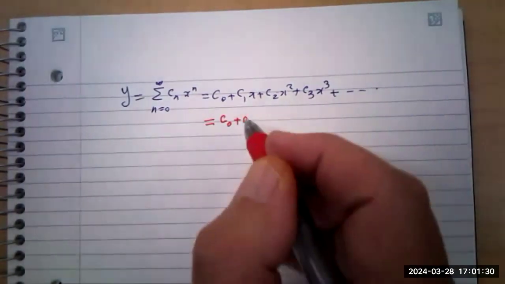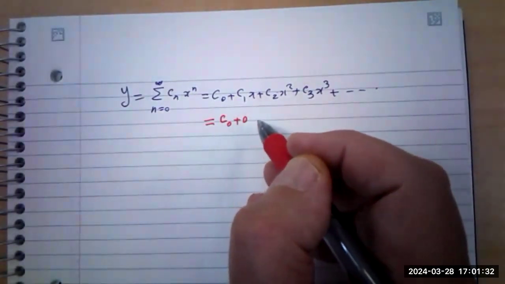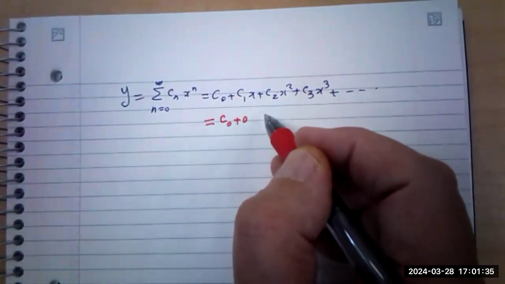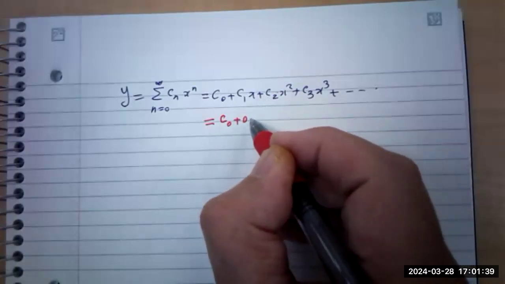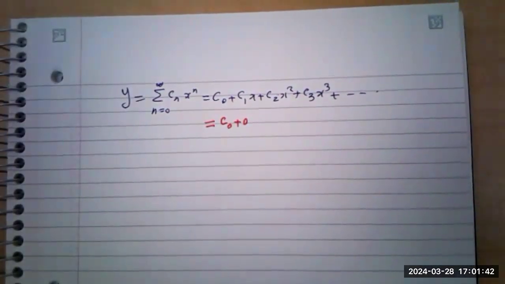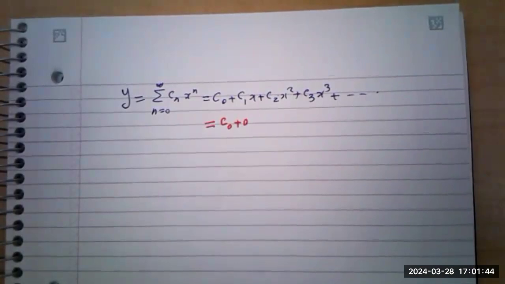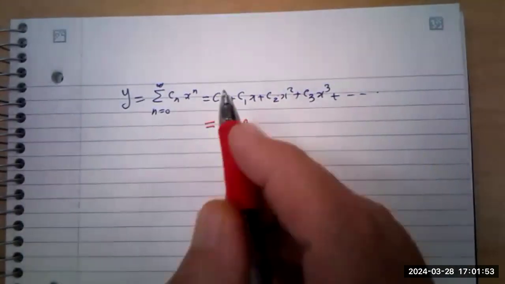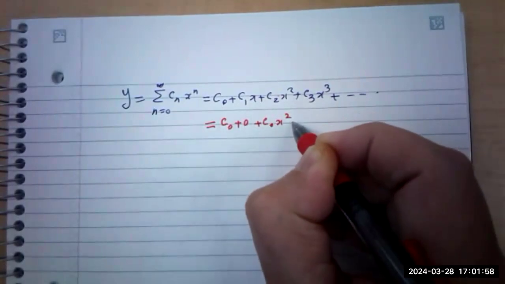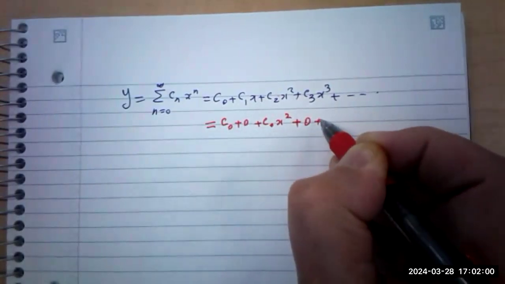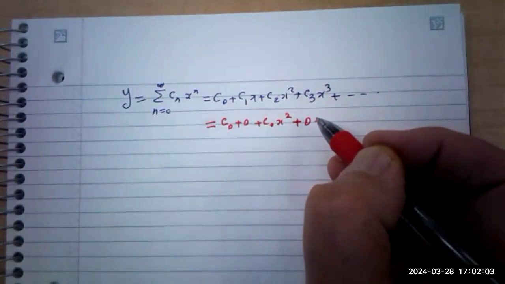C2 was C0, so it's going to be C0 x squared. C3 was 0. C4, okay, what's C4?